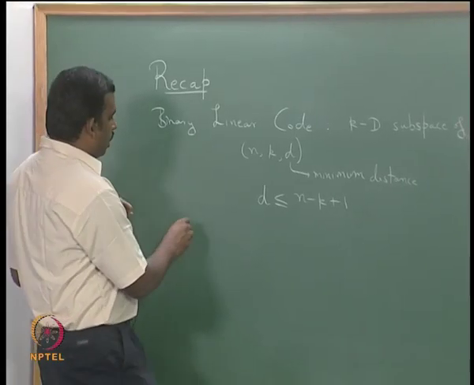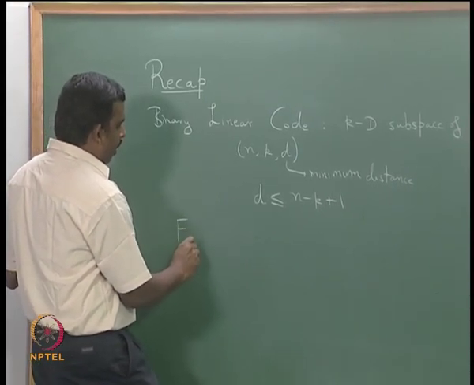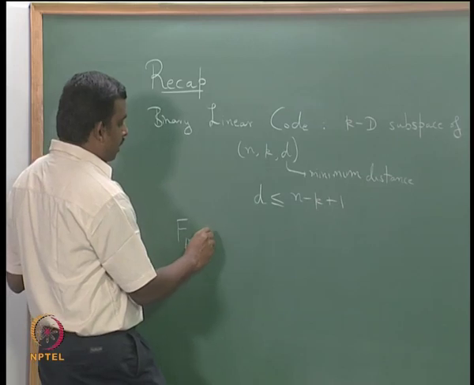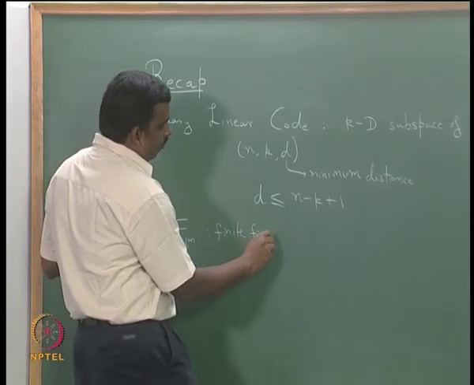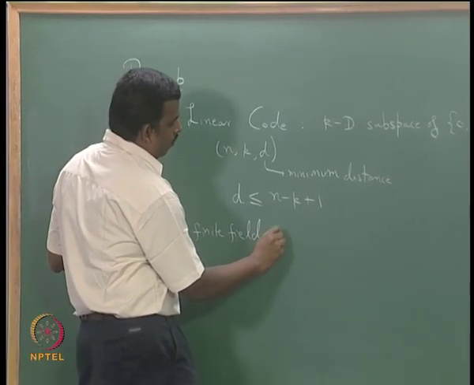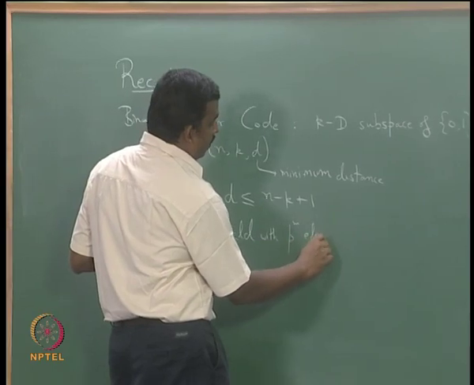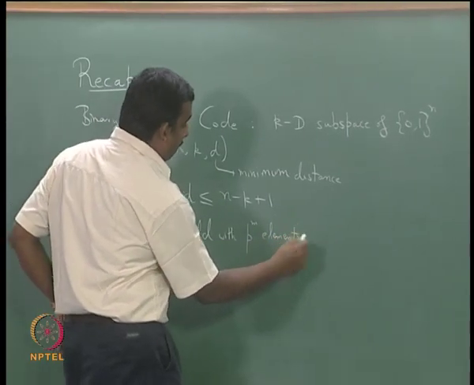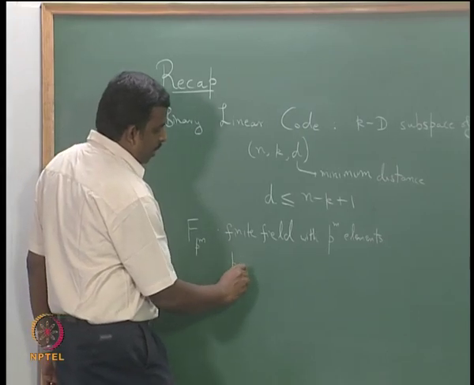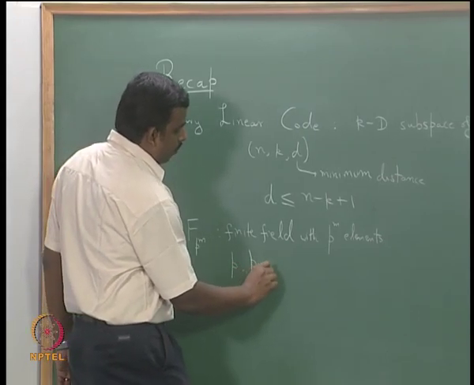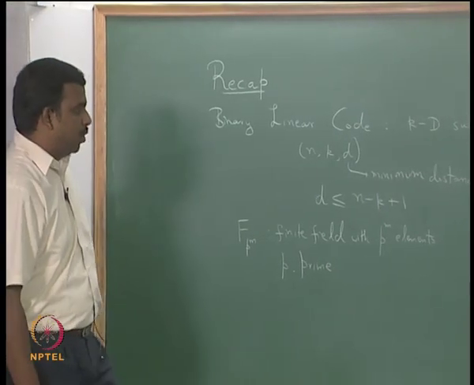Then we saw the definition of the Galois field F_{p^m}, which is a finite field with p to the power m elements. p has to be a prime number, and m is some positive integer.